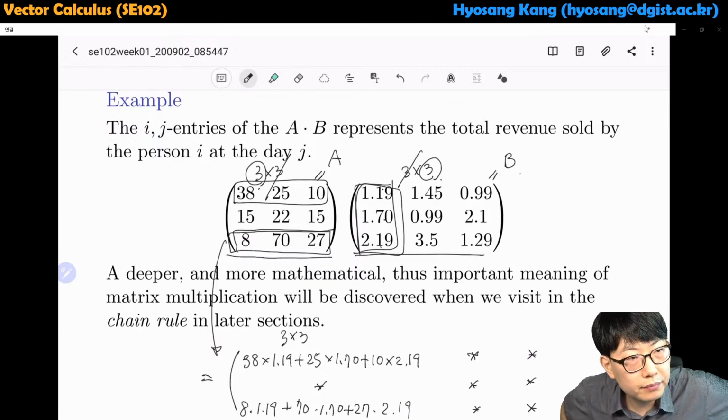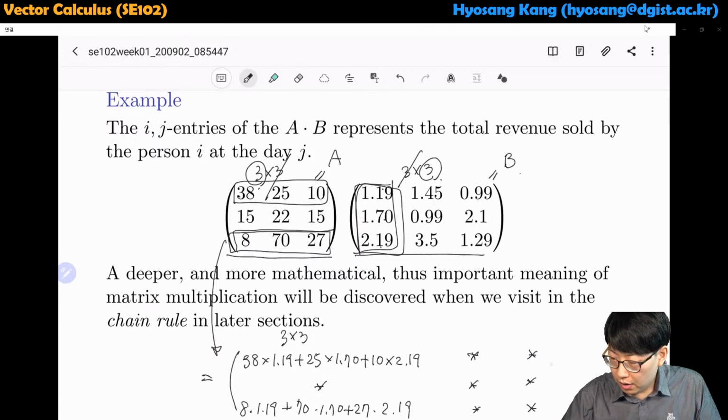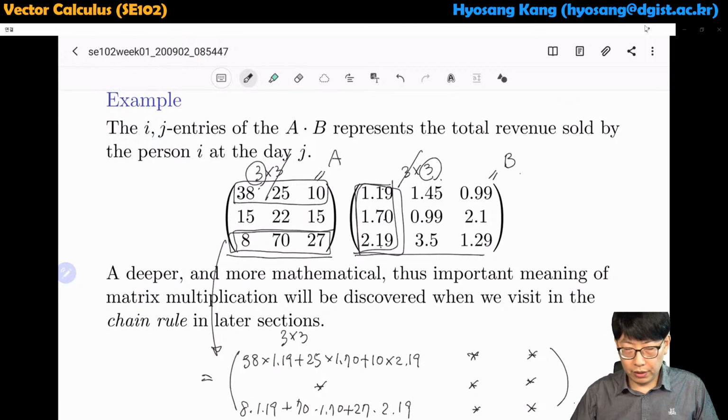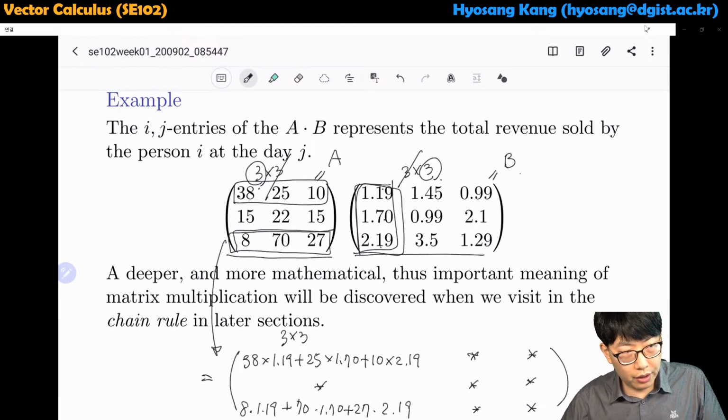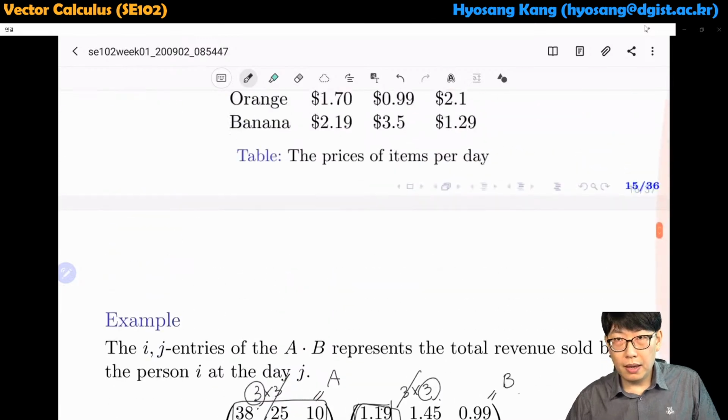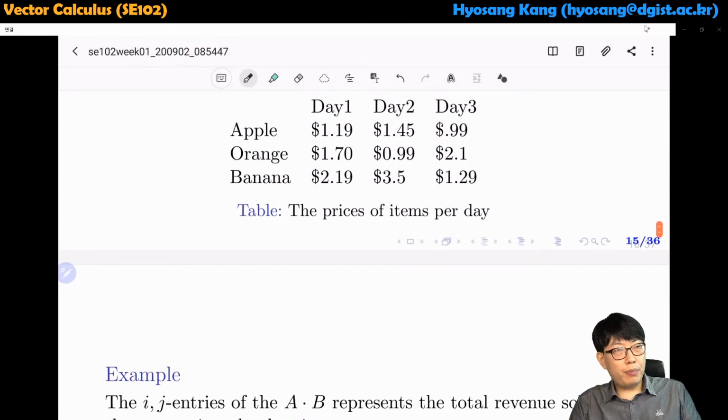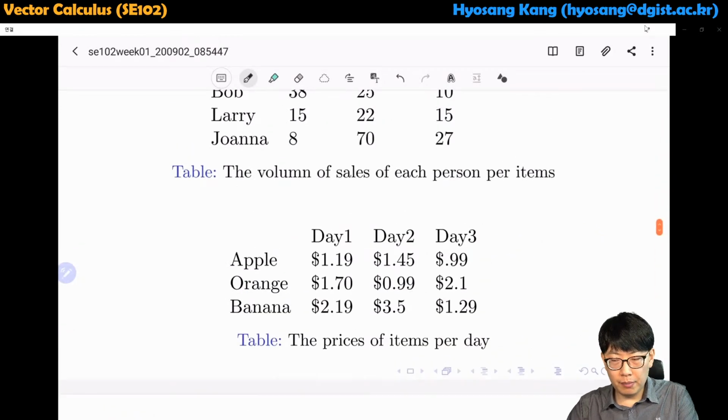Okay, and you get a 3 by 3 matrix. So this is how you take the matrix multiplication, and it's more important to understand the meaning of matrix multiplication. So let me give an example of matrices here.